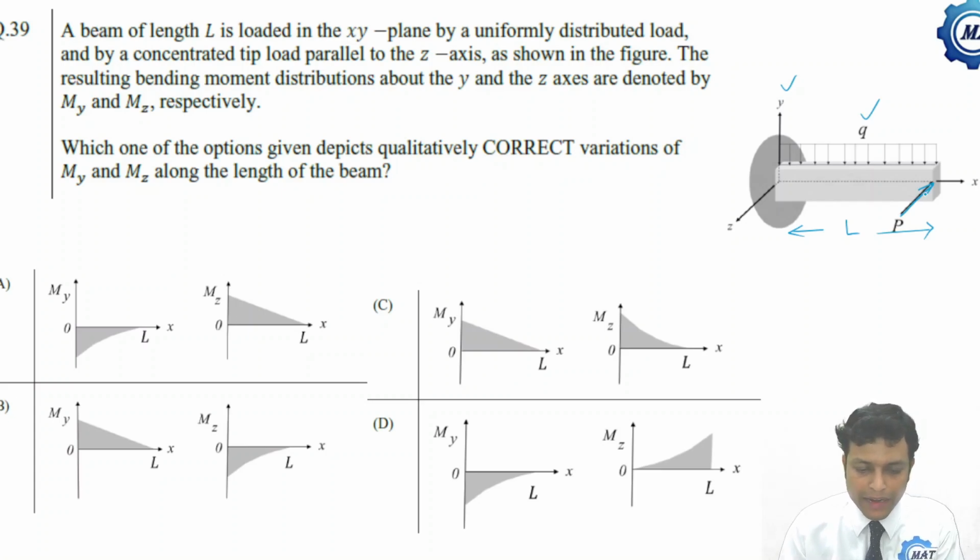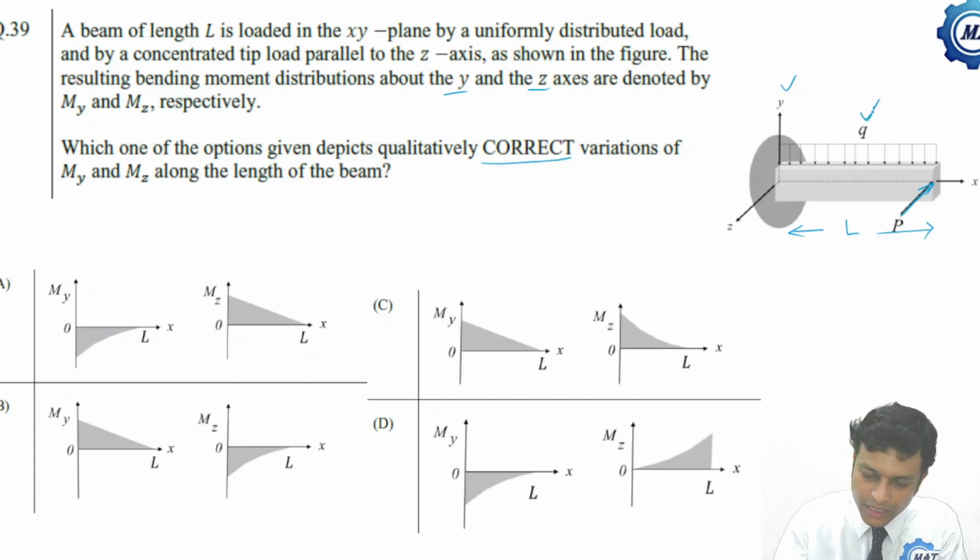The resulting bending moment distributions about the Y and Z axes are denoted by My and Mz. Which of the options given depicts the qualitatively correct variation of My and Mz?